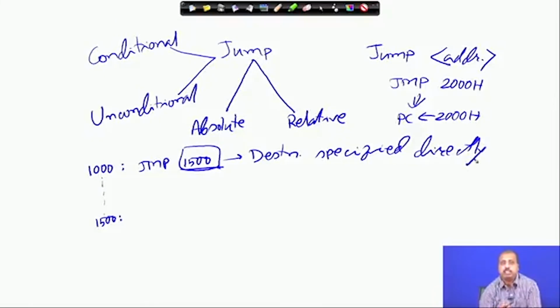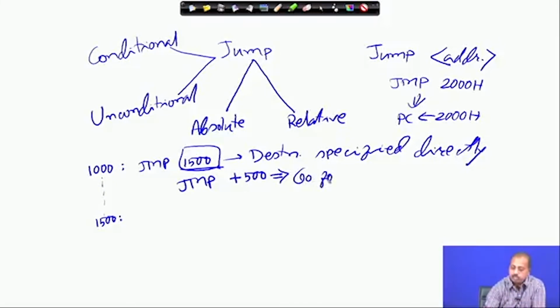Another way of doing the same thing is to say jump by plus 500 locations. At present I am at 1000, so if I say plus 500, then with respect to the current location you go forward by 500 locations.